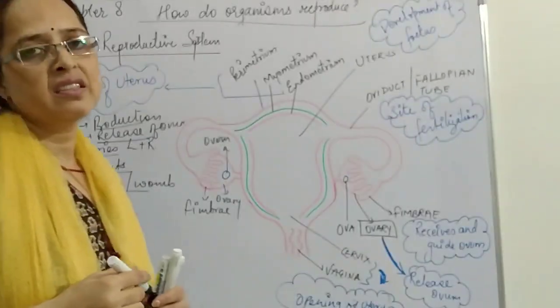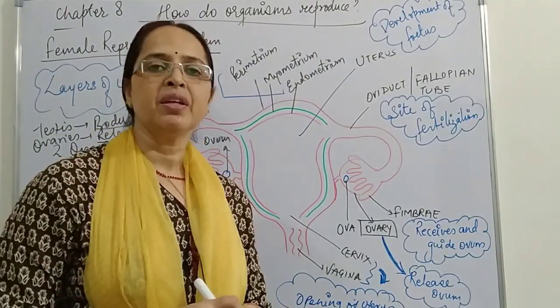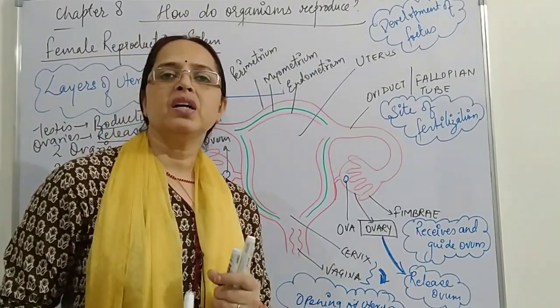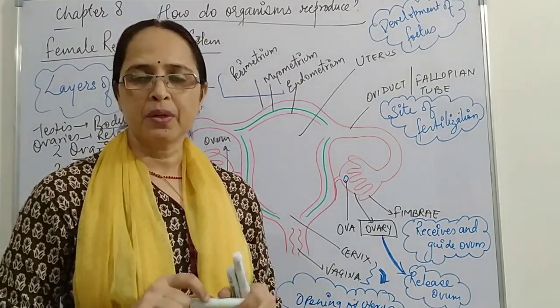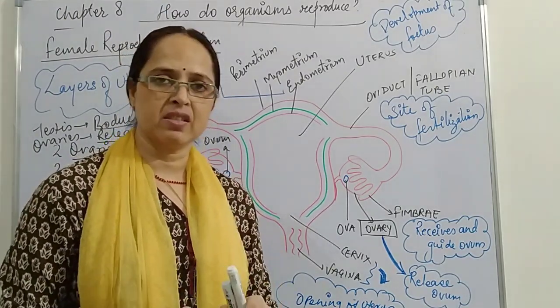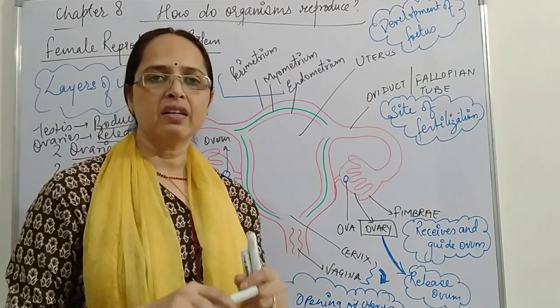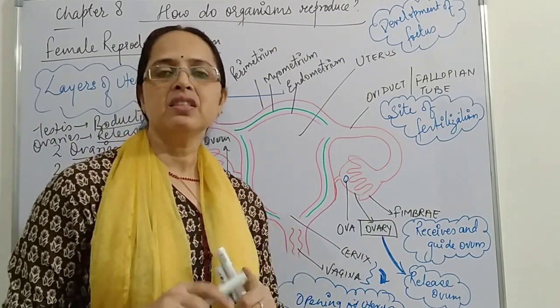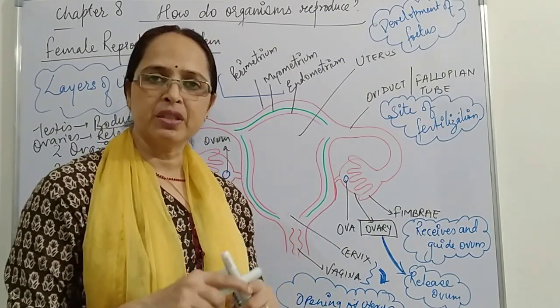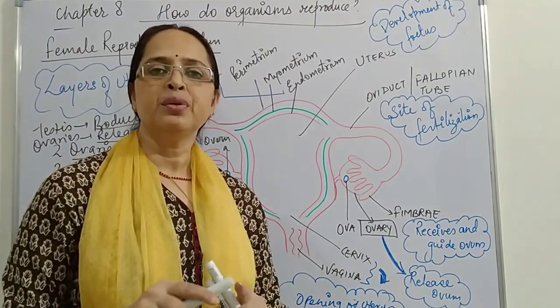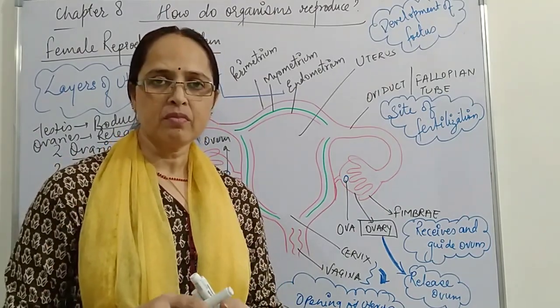During the adolescence time, in males, sperms start to form. Sperms are formed in the testis. Production of sperms occurs in the testis, and this starts during adolescence and continues till death.